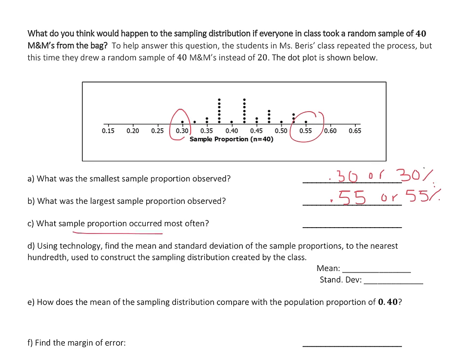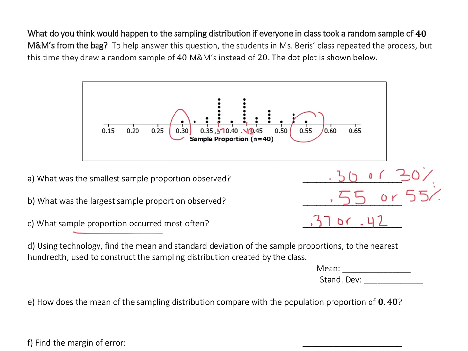What sample proportion occurred most often? It looks like there's a repeat of 2 of them. But what are these values? We don't necessarily know, so we can estimate. I say this is about 0.37 and 0.42. You can make up whichever one you want in between, so this is just an estimate. Those occurred most often.